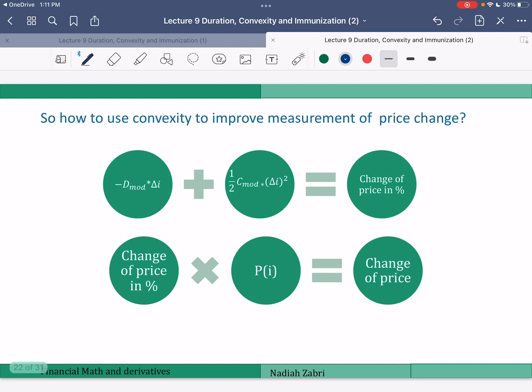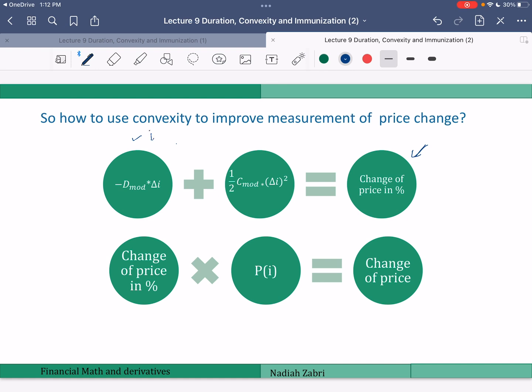Okay, now that we know the definition of convexity, how do we use it to improve our approximation of the change of price? As I said, it will improve the approximation. Previously, when we approximated the percentage change of price, we did negative modified duration times the change of i.